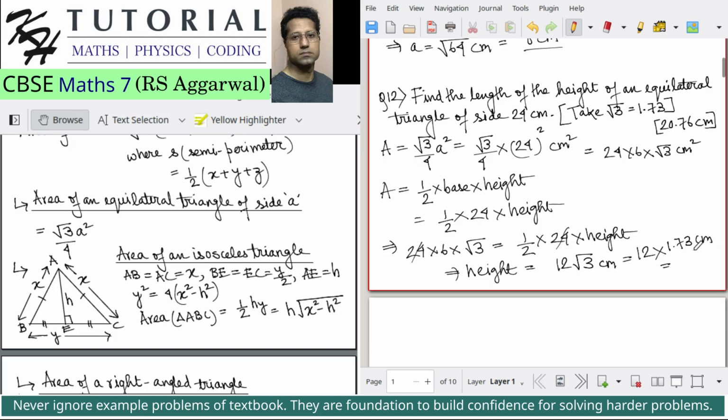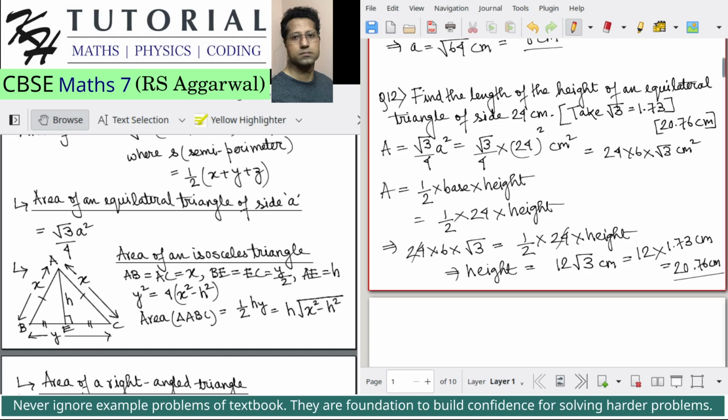And now to calculate this, I am using the calculator. I am sorry for this. Always do the calculation by hand. It is 20.76. So 20.76 centimeter is the height of the equilateral triangle.